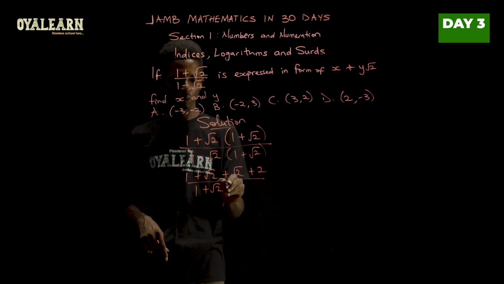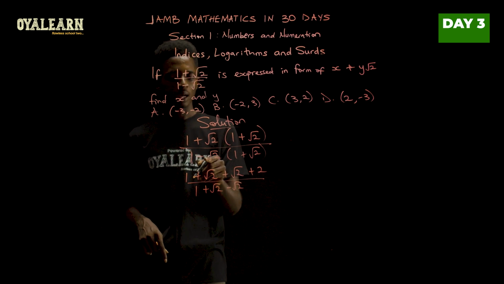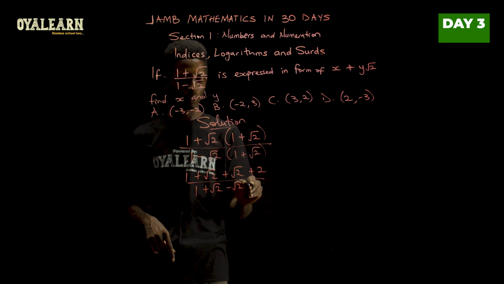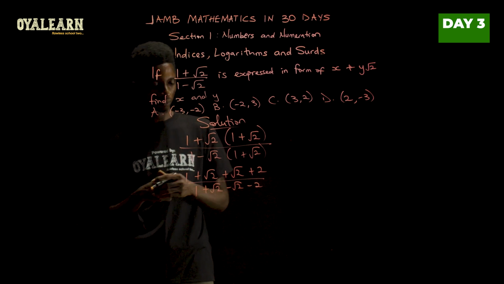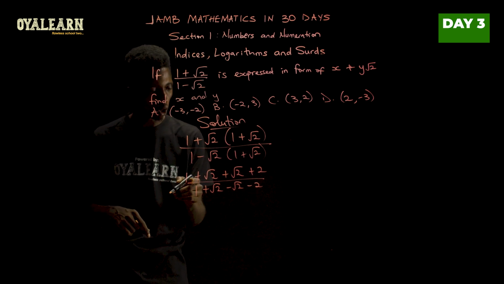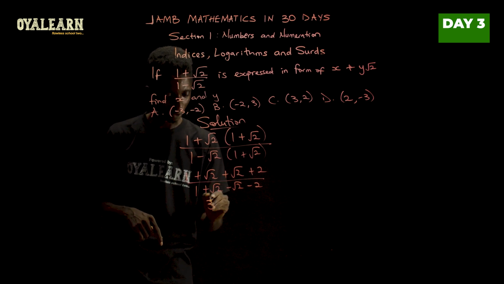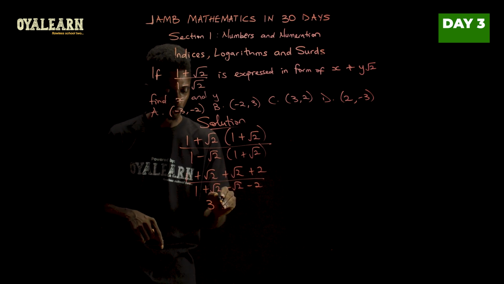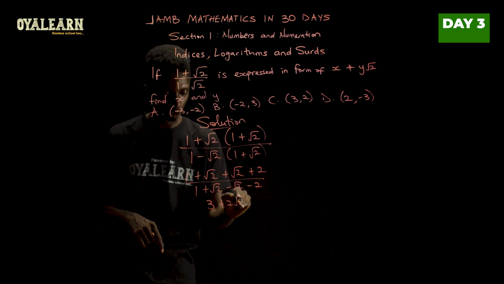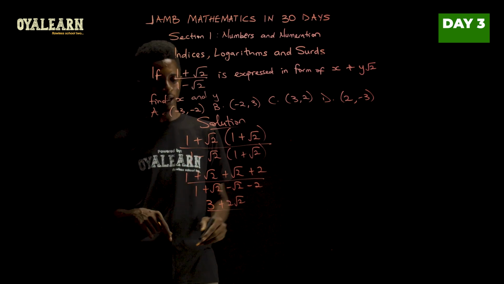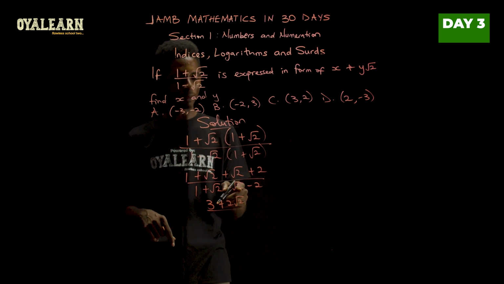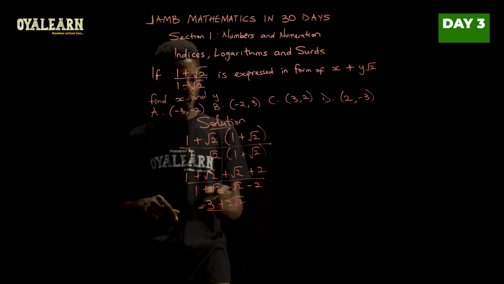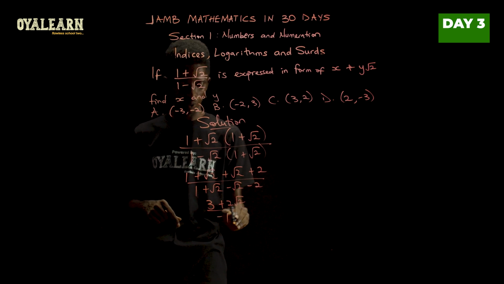Minus surd 2 times 1 will give us minus surd 2. And minus surd 2 times plus surd 2 will give us minus 2. Now, 1 plus 2 here gives us 3. Surd 2 plus surd 2 will give us plus 2 surd 2. All over, now, surd 2 minus surd 2 is 0. So, 1 minus 2, that's minus 1.